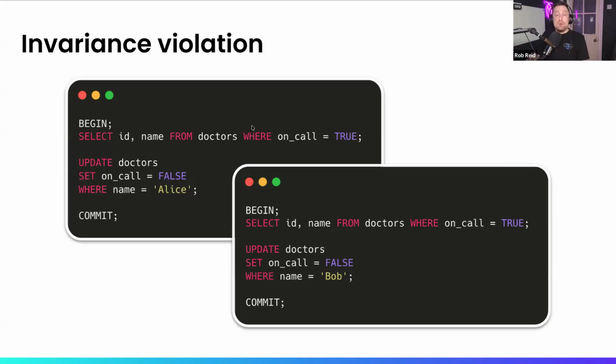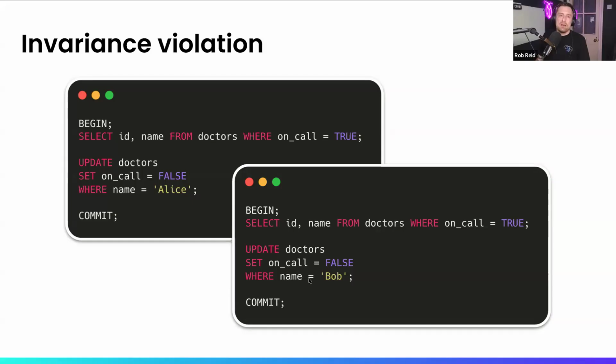If we have two doctors on call, Alice and Bob, and their value for on call is set to true, and one of those doctors wants to take a day off, so they set on call to false, they start a transaction, they check that there are doctors on hand, they set their value to false, whilst concurrently another doctor is doing exactly the same, both transactions will commit. So we'll end up in a situation whereby there are no doctors on call.